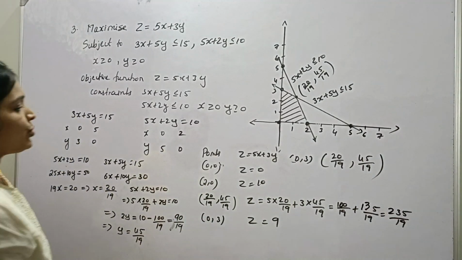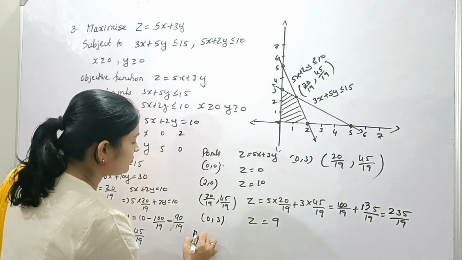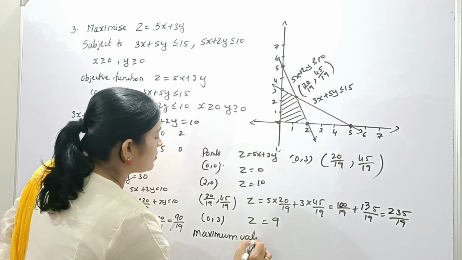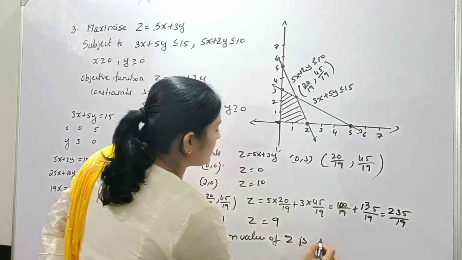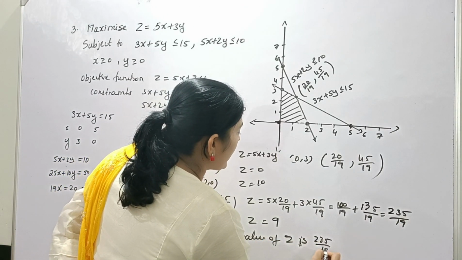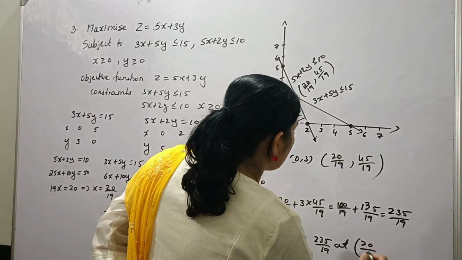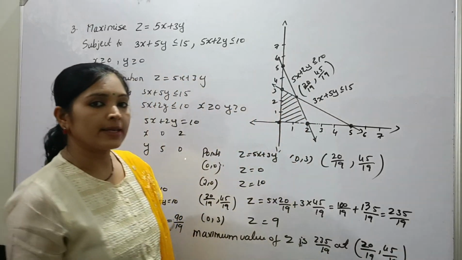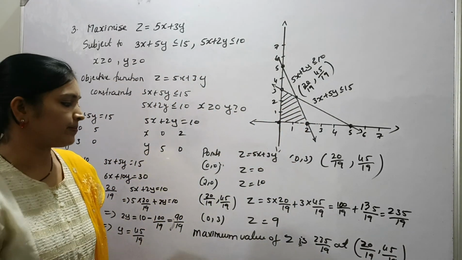So here you should write the maximum value of Z is 235 by 19 at 20 by 19, 45 by 19. That is x is equal to 20 by 19, y is equal to 45 by 19.